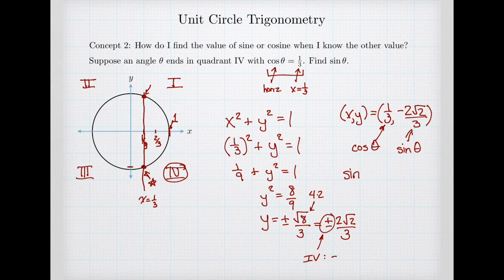Consequently, we can say that the sine of my angle is negative 2 square root 2 over 3. So when I am given a question where I need to find either the sine or the cosine when I know the other value, I also need to know the quadrant. I can solve the Pythagorean identity to find my other coordinate. This is the level of understanding the unit circle that's often not understood when students just memorize certain values on the unit circle rather than learning how to solve for this value.